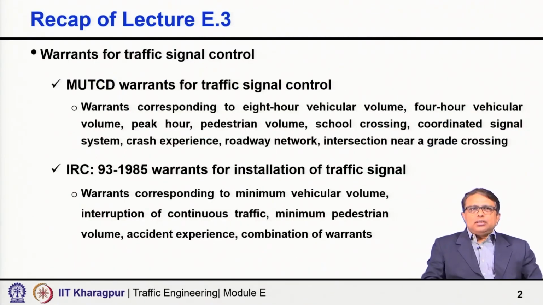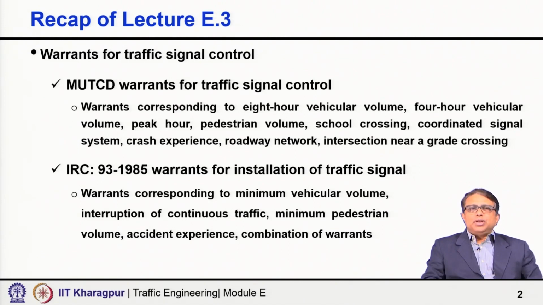In lecture 3, I mentioned to you about various MUTCT warrants for traffic signal control, warrants corresponding to 8-hour traffic volumes, peak hour traffic volumes, 4-hour traffic volumes, pedestrian volumes, school crossing, signal coordination requirement, crash experience, road network, intersection near a grade crossing. All these warrants we discussed.